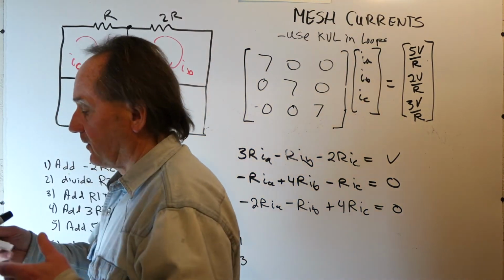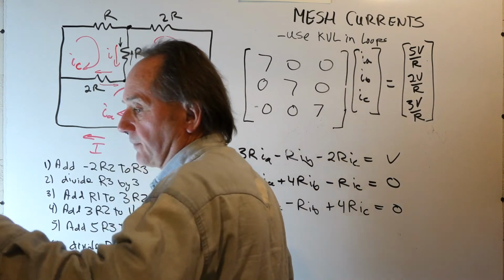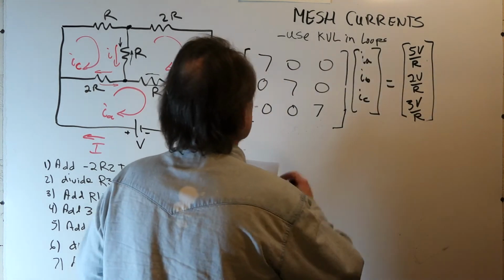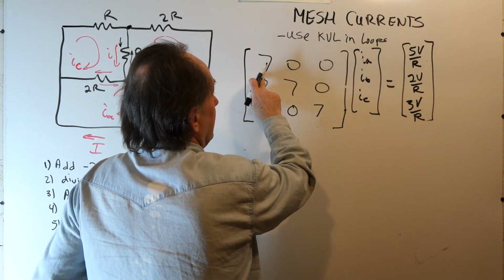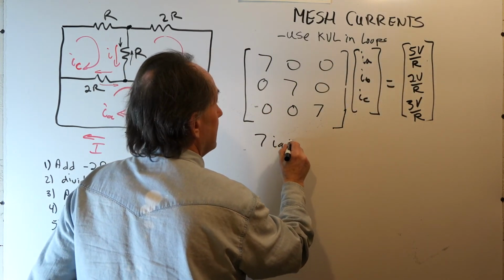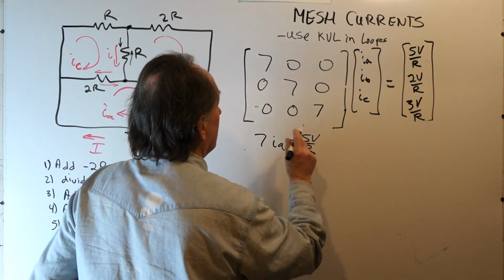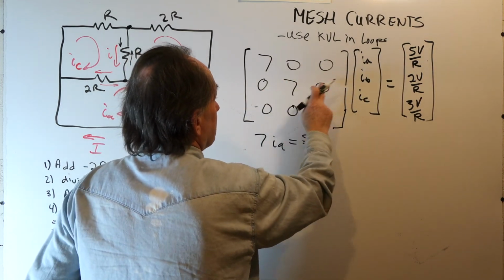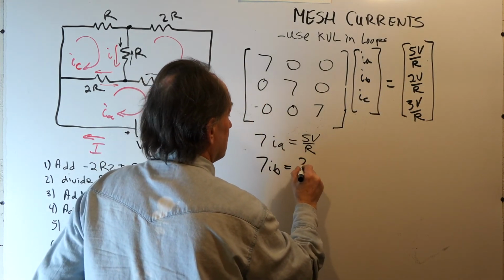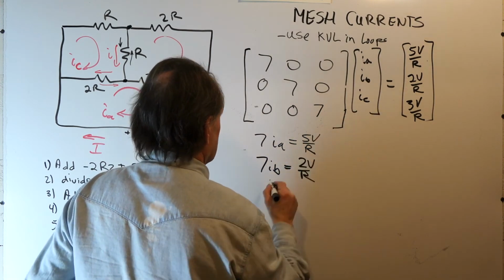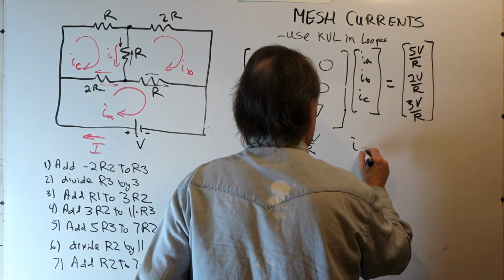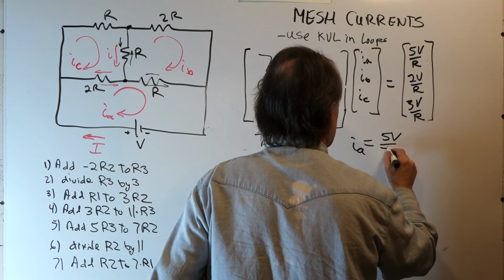Well, we can pick off our currents. What this tells us now, if we look at the matrix, is that 7IA plus 0IB plus 0IC is 5V over R, or 7IA equals 5V over R. On this row, 0IA, 7IB, 0IC is equal to 2V over R, or 7IB is equal to 2V over R. And lastly, 7IC is equal to 3V over R. So solving for IA, we get 5V over 7R.